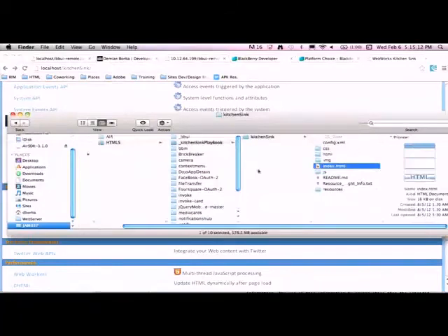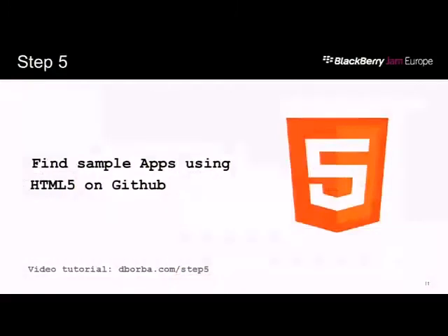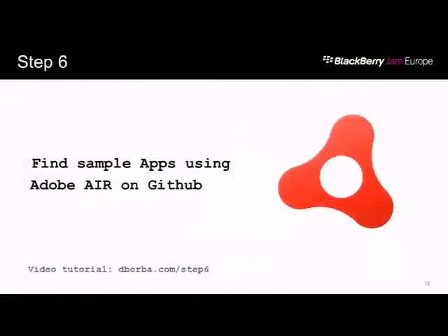All right, so that's a sample of an HTML5 application. We have a camera, we have a lot of different applications there. With AIR, it's pretty much the same thing. You go there, you download. I gave you on my website a link where you can download a template. So you can download a finished AIR application if you want as a sample to work with.